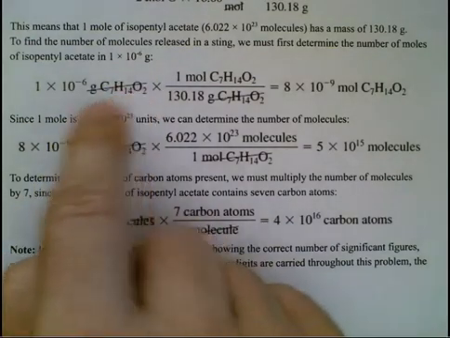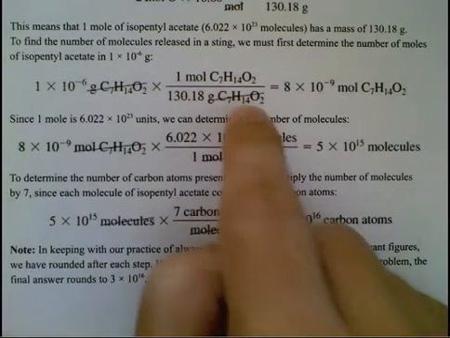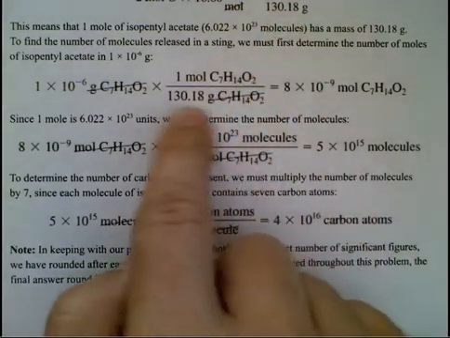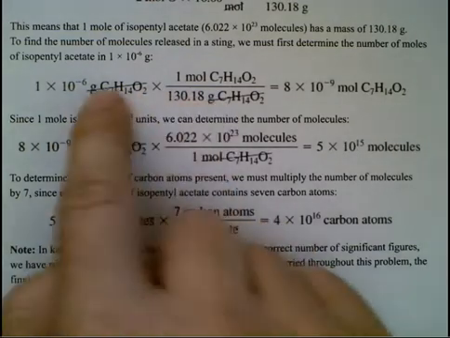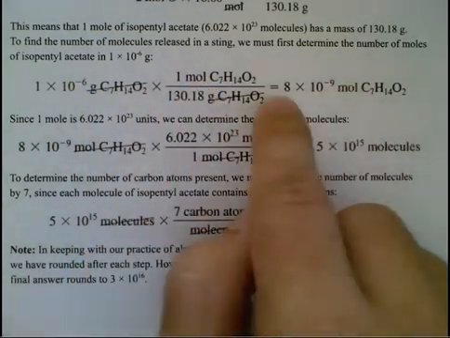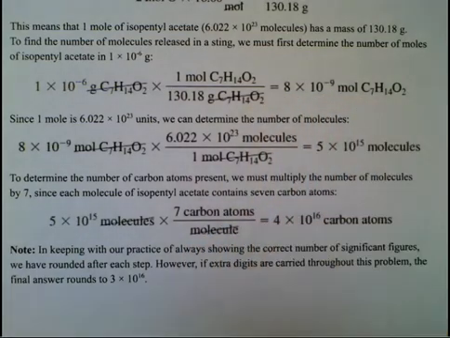So we take our 1 times 10 to the negative 6 grams of isopentyl acetate and use the molar mass that we just calculated to convert away from grams into moles, to give us a value of 8 times 10 to the negative 9th moles of isopentyl acetate.